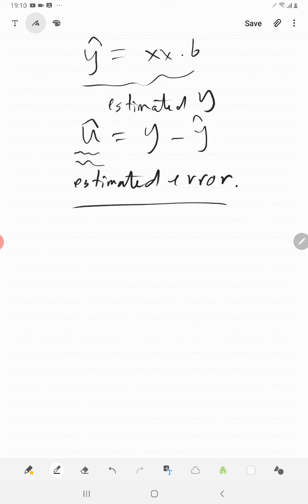For B naught it is good. For B2 it is also good. But for B1 and B3 the significance is not that good, which means we should not bother about them. B naught is okay because the significance is good. B1 is not that good, so we can neglect it. We can make it 0.